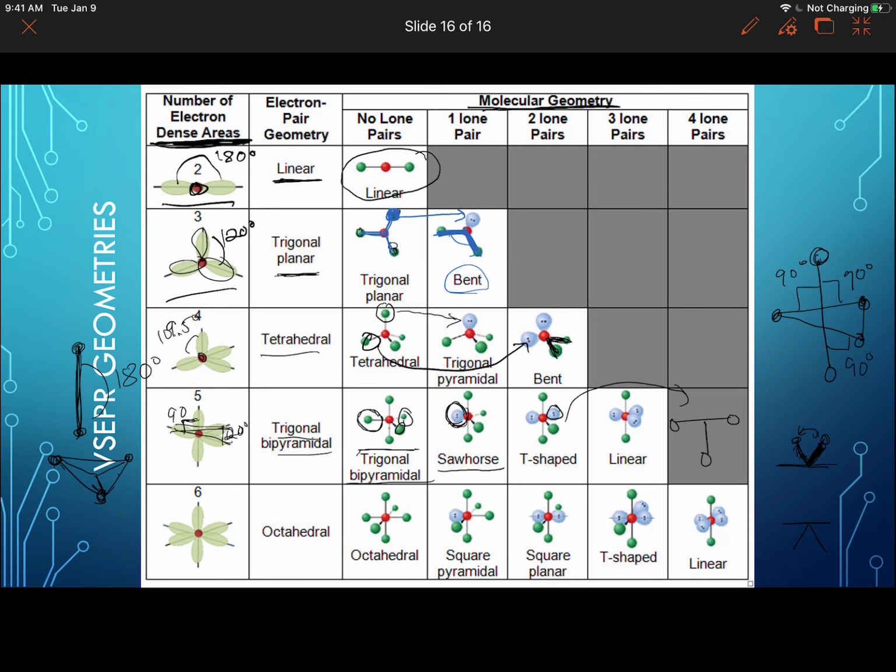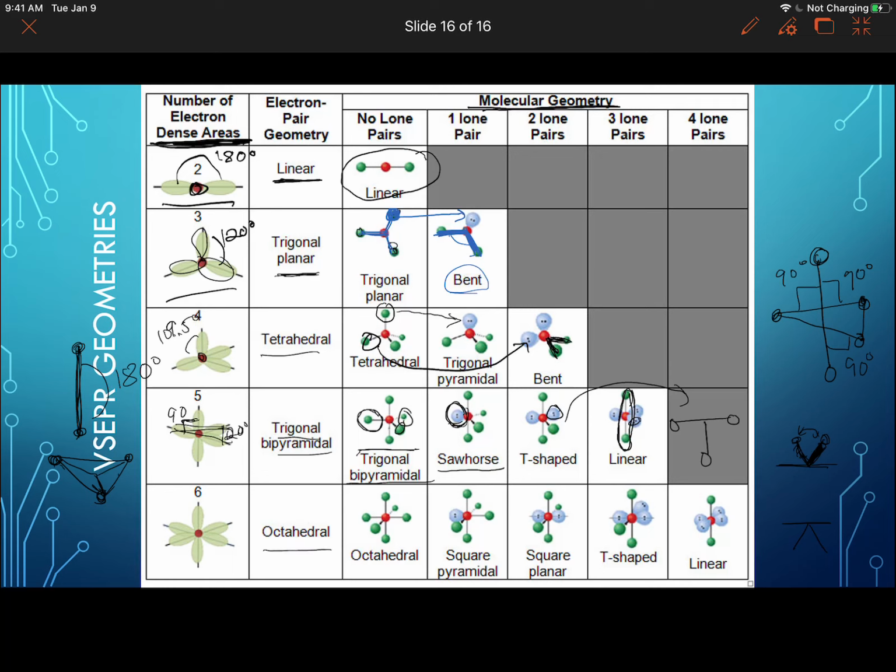And then one more equatorial position being replaced with a lone pair gives us a linear geometry because the atoms themselves are in a linear arrangement. So if we have three pairs of electrons in a trigonal bipyramidal structure, then we are going to have a linear molecular geometry.